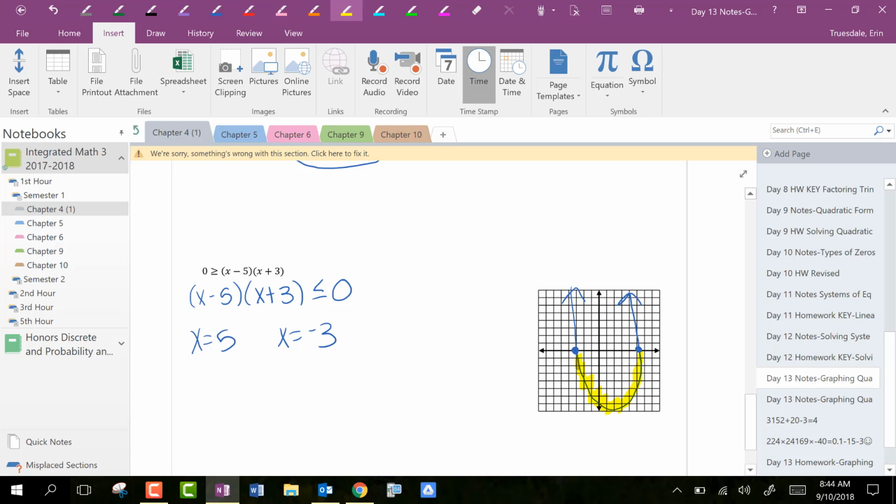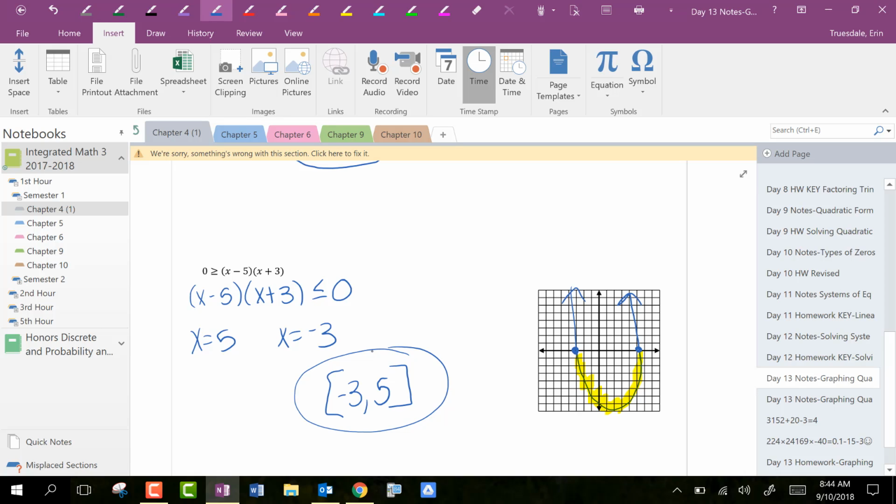Okay, so now I need to describe that interval where this happens. Where is it underneath? It's underneath from -3 to 5. And I want to include -3 and 5. I saw a lot of parentheses when I walked around. Should be brackets because it says less than or equal to 0.